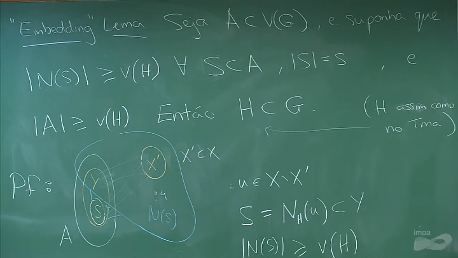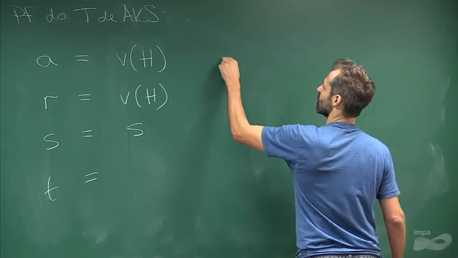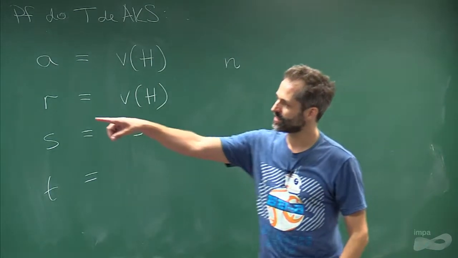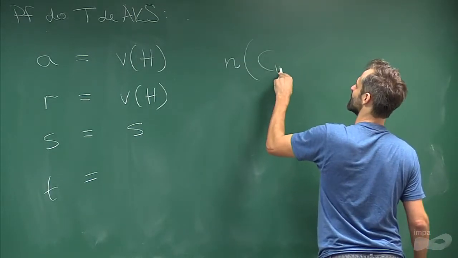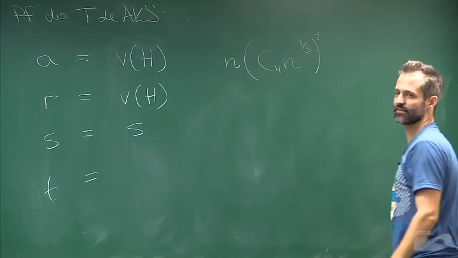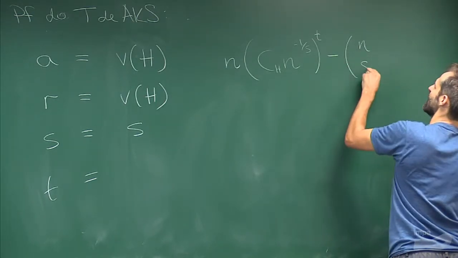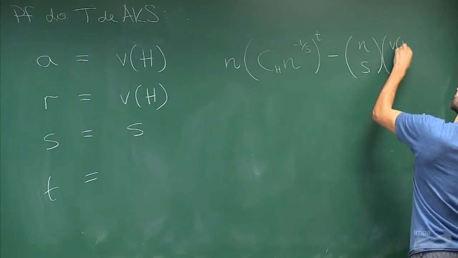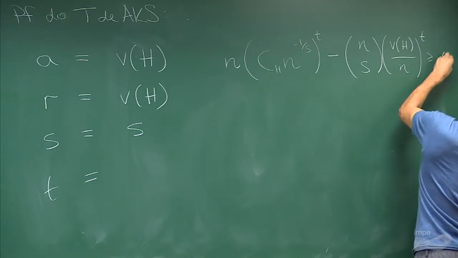R is the same. Yep. S is S. Okay, let's see what T is. So n times the number of edges of our graph is over there. This is C of H times n to the minus 1 over S to the T, minus n choose S, V of H over n to the T should be at least V of H.